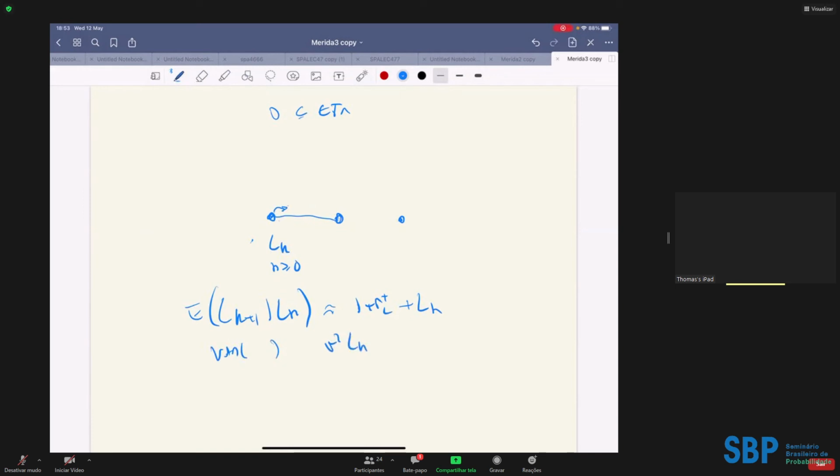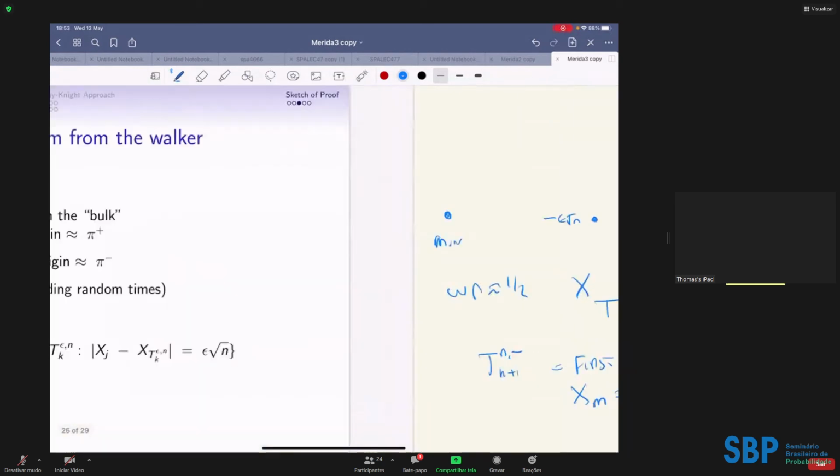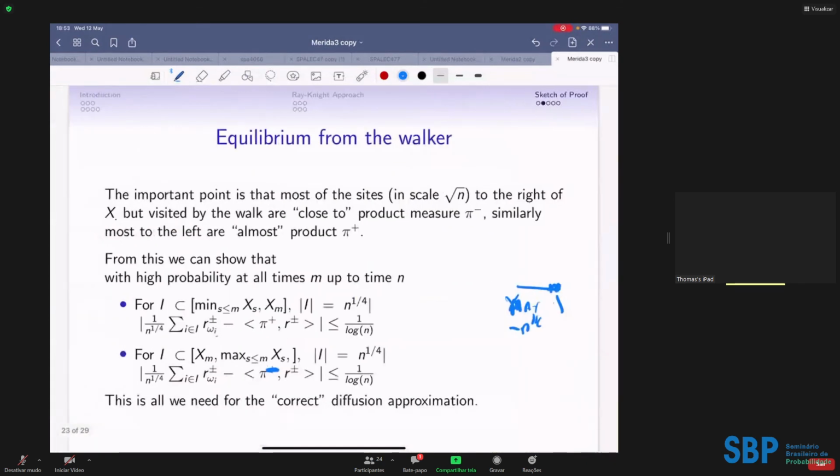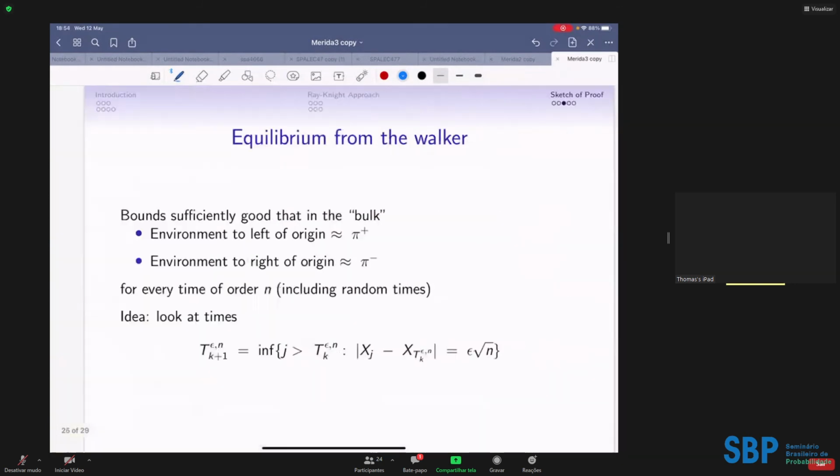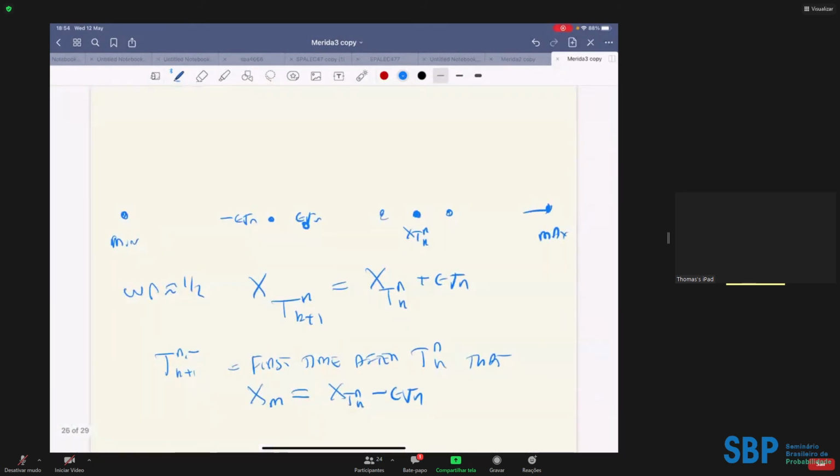But this I, we know, because we have this property here, everywhere you have this averaging property, that's going to say that as you move from here to here, L n t divided by square root of n, square root of n.